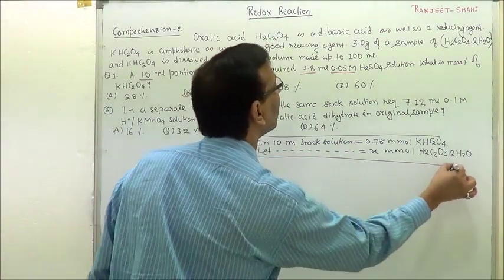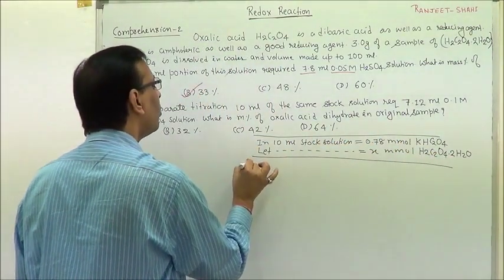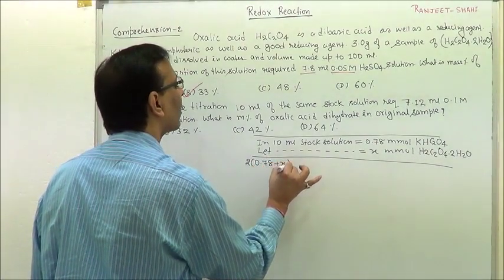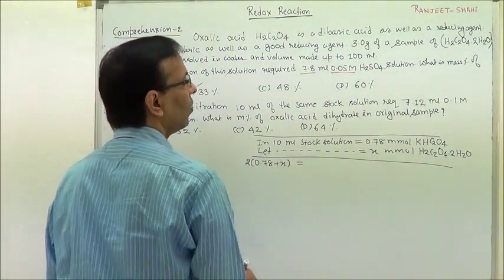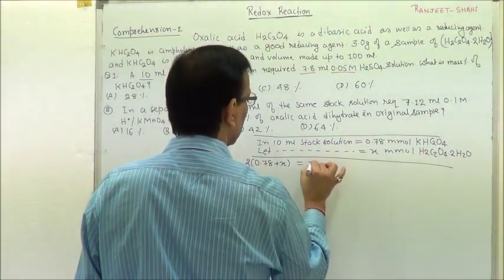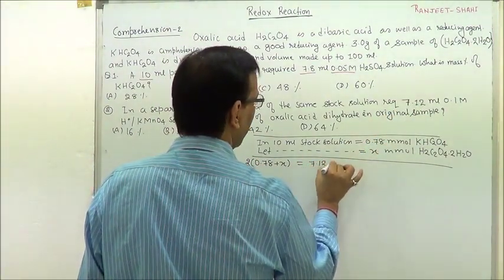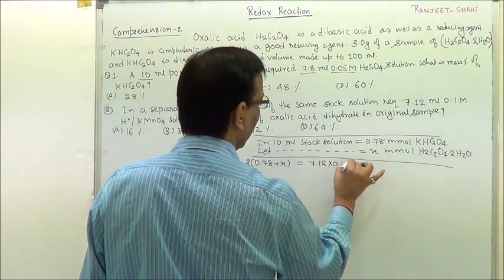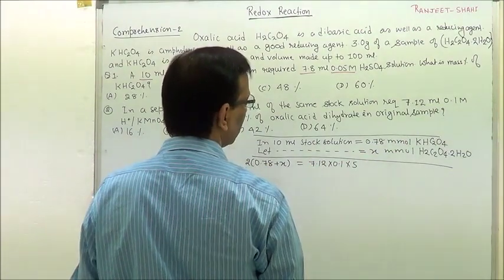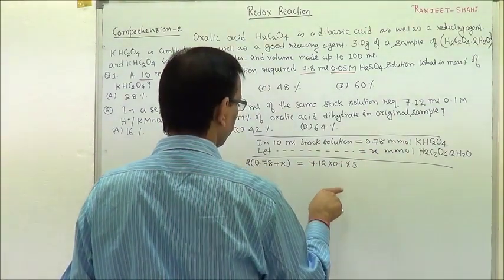Therefore, 2 into (0.78 plus X) will be equal to 7.12 into 0.1 into 5. It is molarity, so multiplied by 5 gives normality, multiplied by volume gives milliequivalent.